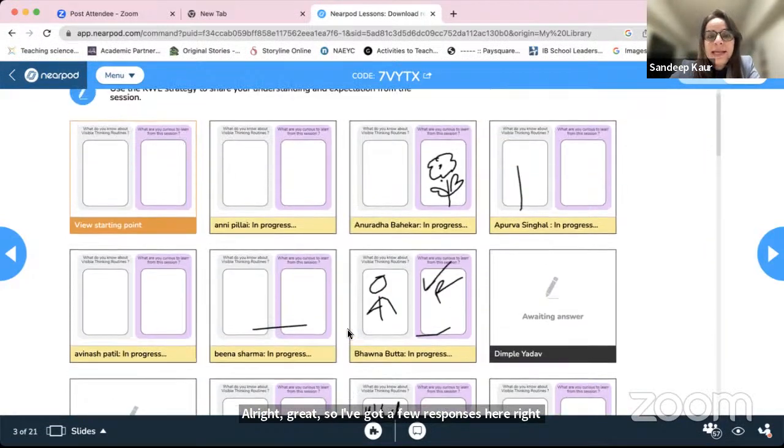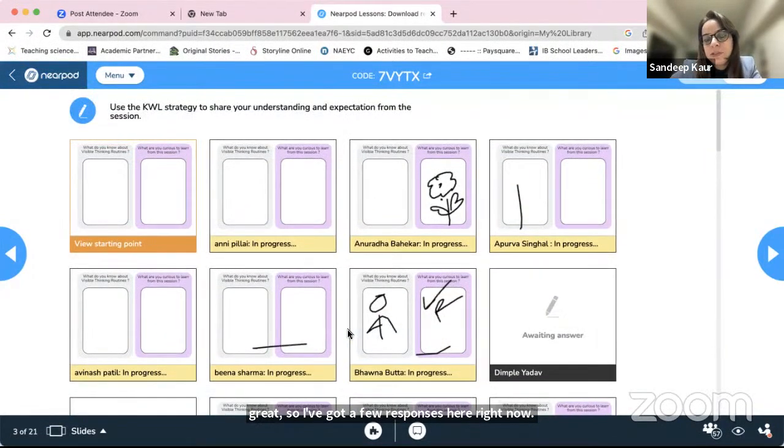Now, I've used a visible thinking routine, which is very simple. That is the KWL strategy, which I am using as a trainer or as a coach. I am using this to know my cohort, know the understanding of the cohort in terms of what they know about visible thinking routines.